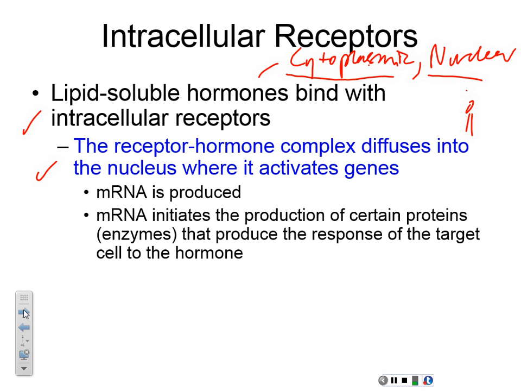So it will not survive even a short distance to go to the nucleus. So that's why you have a cytoplasmic receptor for those very hydrophobic steroid hormones or lipid soluble hormones. But some that have a little bit of charge on them can go straight into the nucleus and then attach to a nuclear receptor once they get there. Okay.